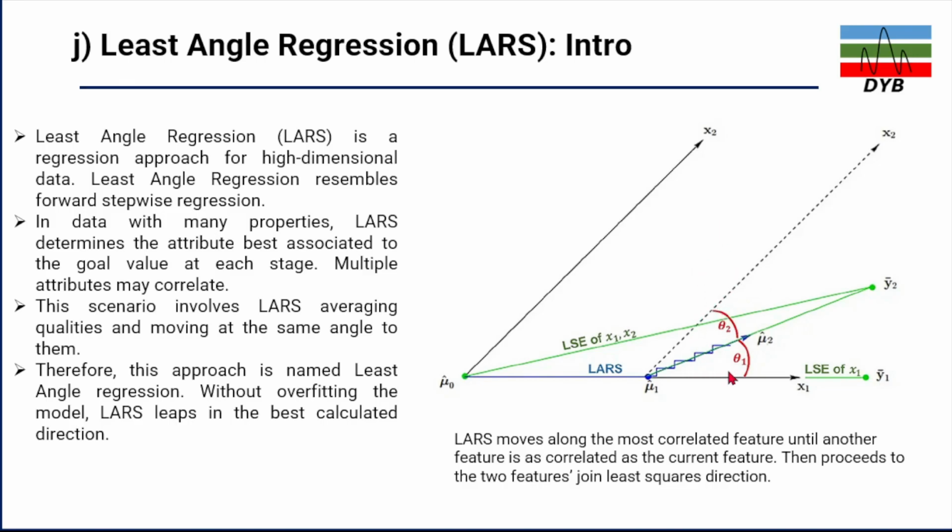Also, in this type of regression, the approach is to proceed without overfitting the models. Least angle regression leaps in the best calculated direction. Over here you can see you have different directions, like x, 2y, 2x, and mu as well. So it is multi-dimensional data.